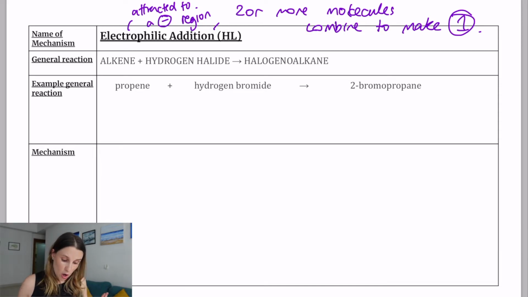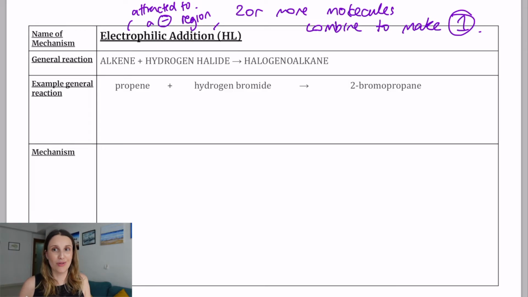So the most common one that we're going to use as our example here is we've got an alkene plus a hydrogen halide, makes a halogenoalkane, but it's important to note that if you react an alkene with a halogen, so like Br2 or Cl2, or water to make an alcohol, all of those alkene reactions where they're popping open to add things on, all undergo this mechanism.